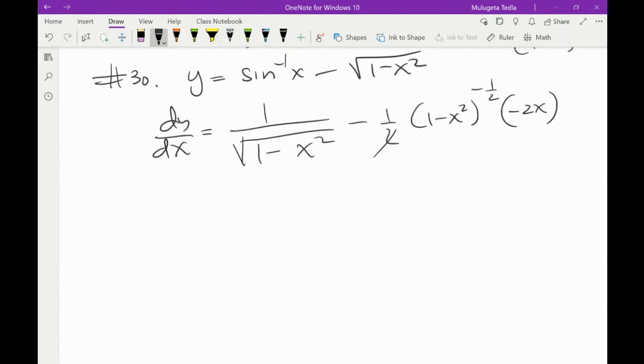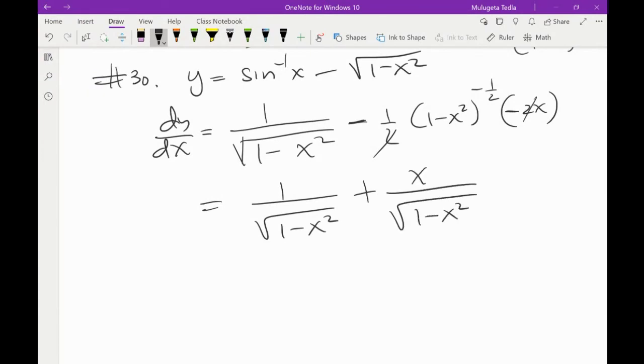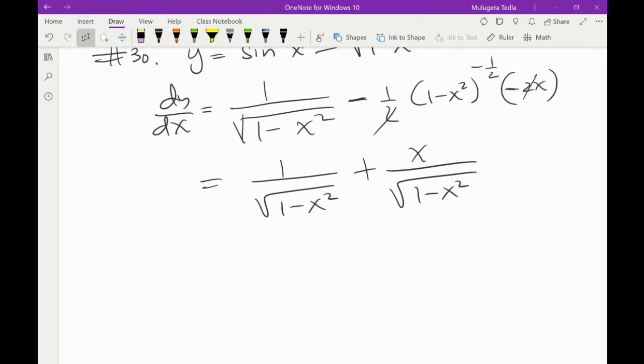So the 2 is cancelled with a 2. I have 1 over root of 1 minus x squared, and then we got plus because the minus becomes plus. So it is x over root of 1 minus x squared. This is a negative exponent, so it goes down to the denominator with a positive exponent.